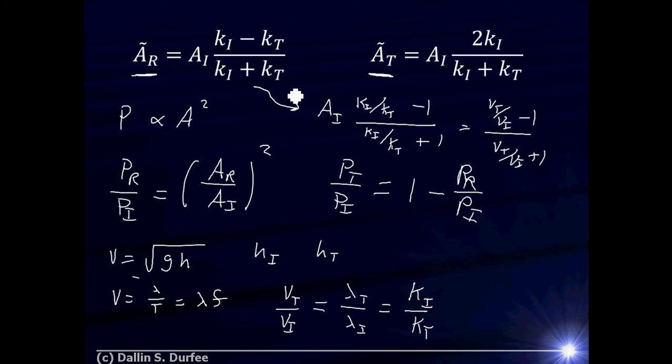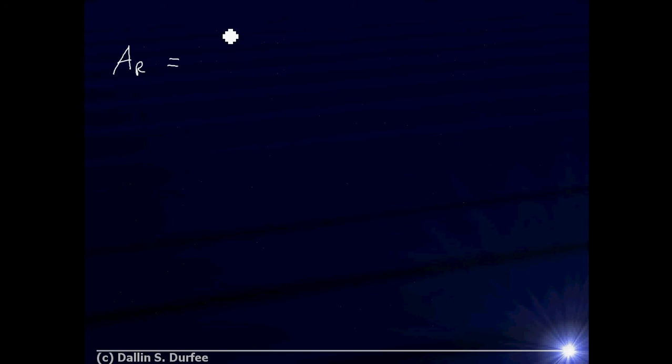My amplitude then, A reflected, is just v transmitted over v incident minus 1, over v transmitted over v incident plus 1, right?